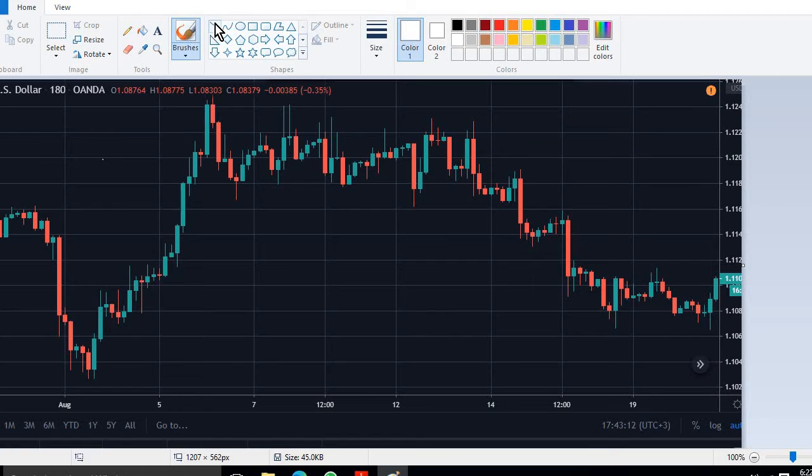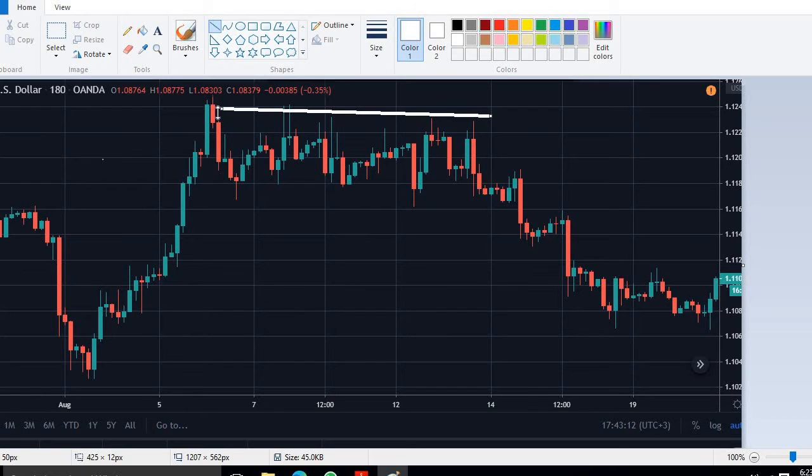You just take your ruler on your MT4. Remember, this is a paint app or paint software. On your MT4, you're going to take your straight line or ruler. Then you are just going to put it like this. Make sure your ruler touches the end of your candle or the wicks of your candle.